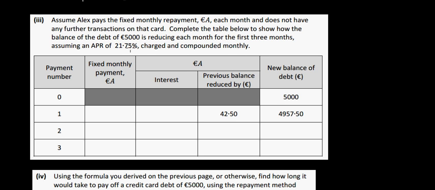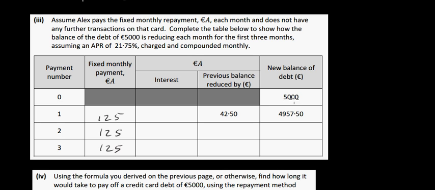Well, we know that this is actually 1.65% monthly, so we can use that here. Let's fill out the table. We can see here that the balance is 5,000 euros. This is how much money he has borrowed. He's going to pay back 125 euros each month anyway.